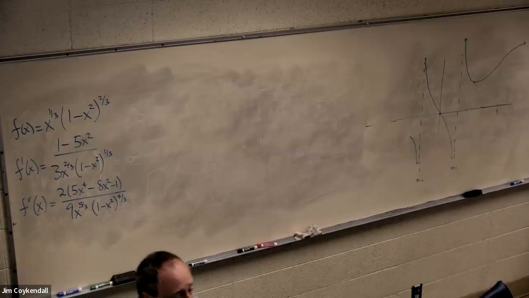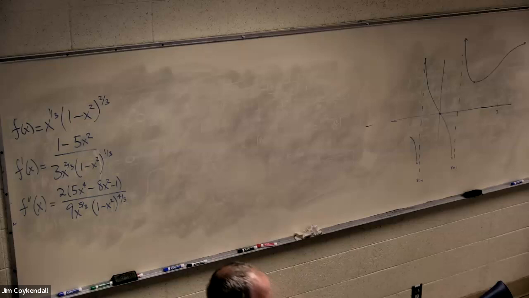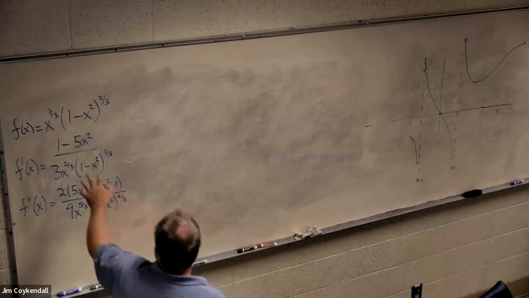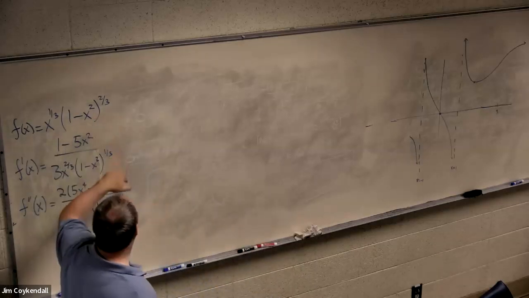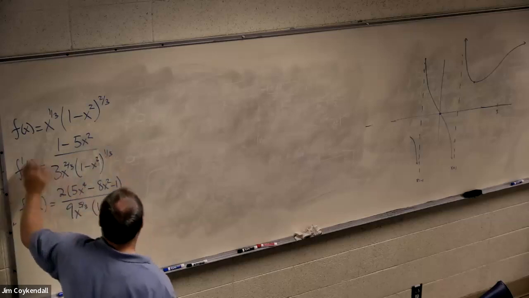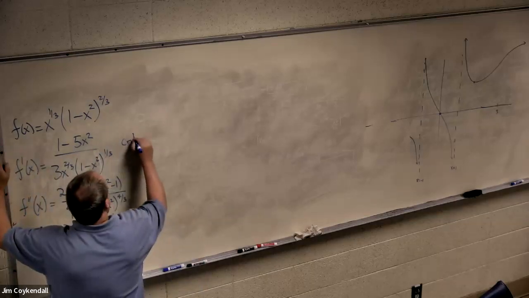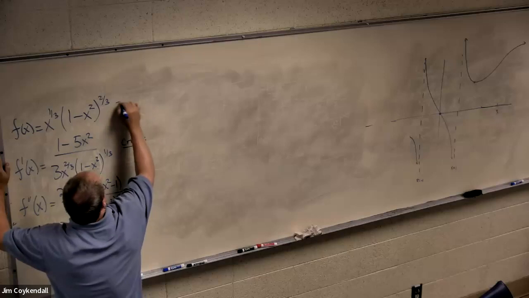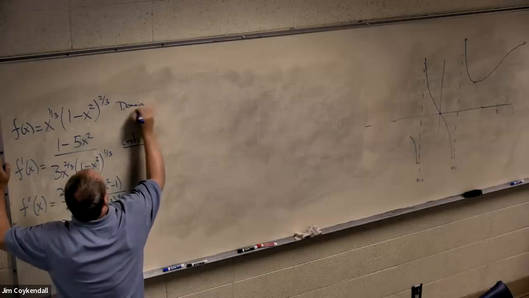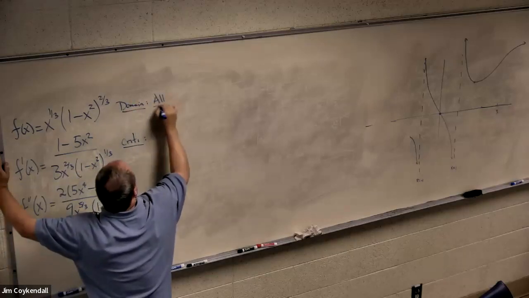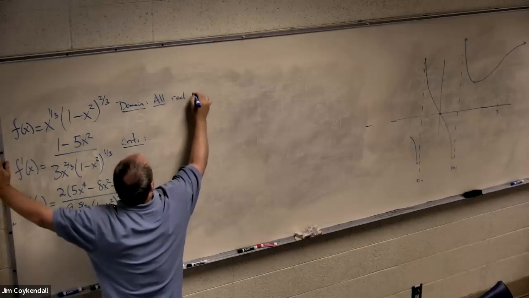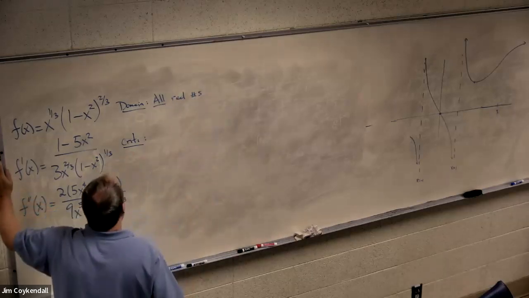But you're right to single out that there's some funny bits going on at 0, 1, and -1. They just happen to be in the domain of the function. But there's strange stuff here. So critical numbers.